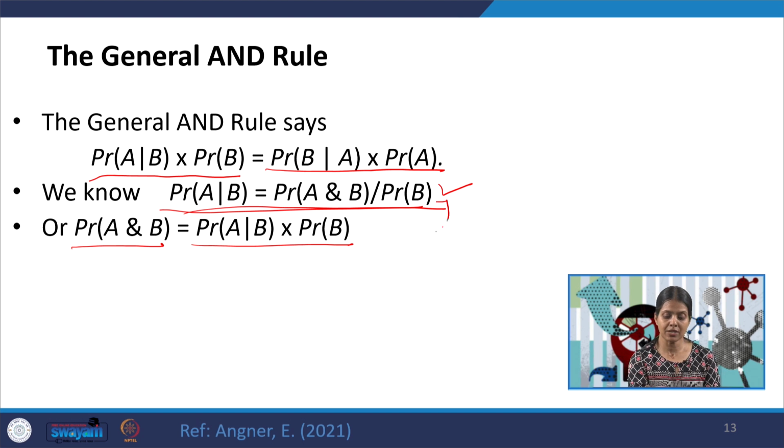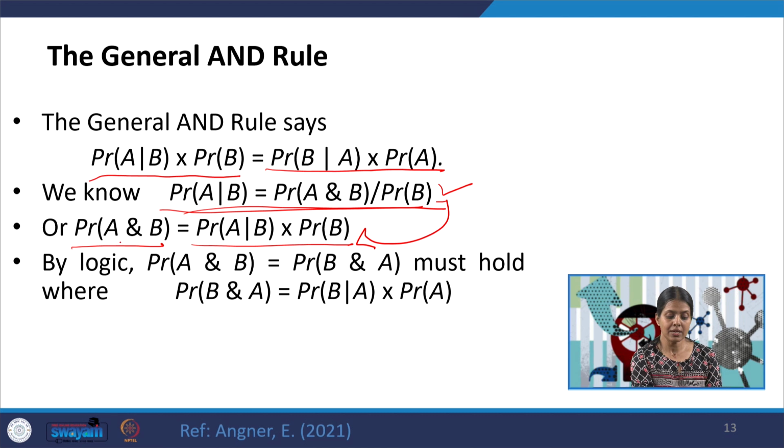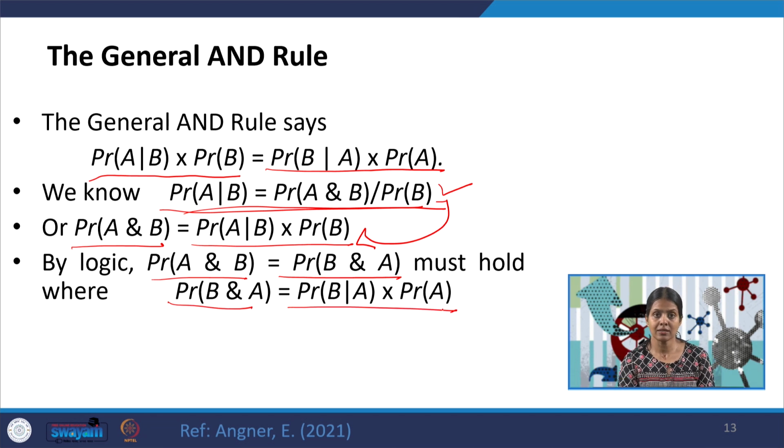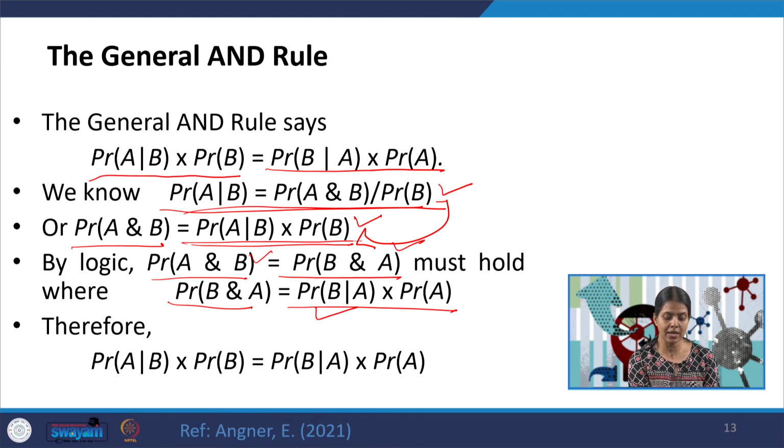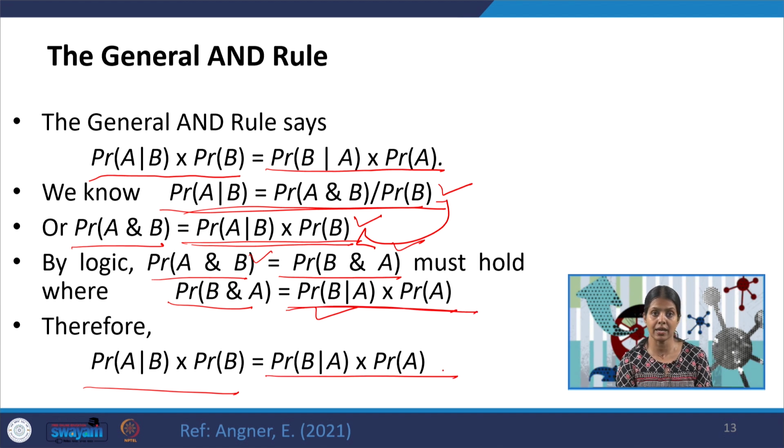So, from this expression we will be deriving this one. Now, logically probability A and B should be equal to probability B and A, where probability B and A would be written as this. So, if these two things are the same, then this and this should also be the same. So, it is written here: the probability A given B multiplied by probability B is equal to probability B given A multiplied by probability A. This is called the general AND rule.